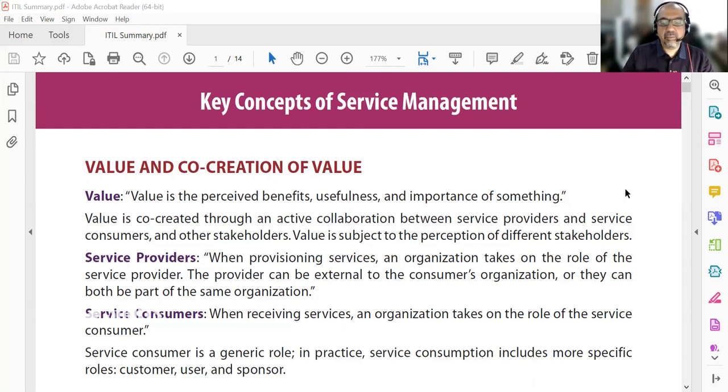So in brief, ITIL is a global standard that will help us to manage the IT service in a better way. The whole idea is about IT service management.